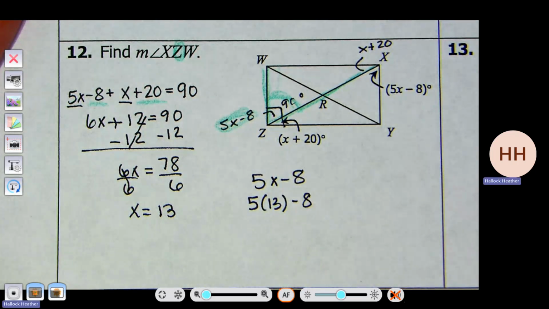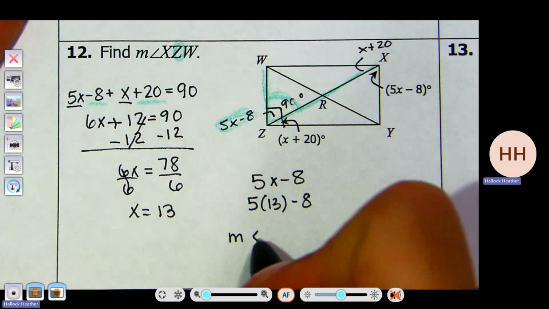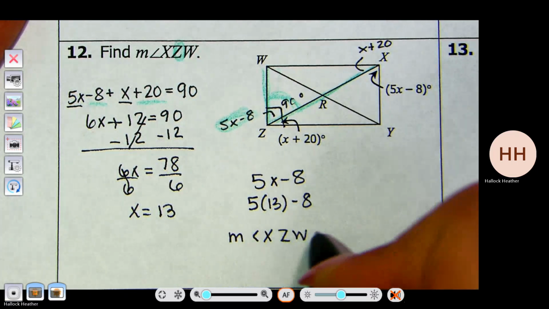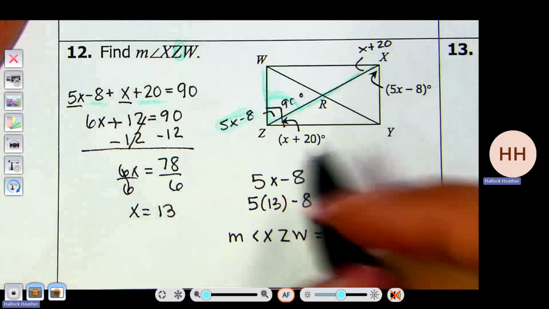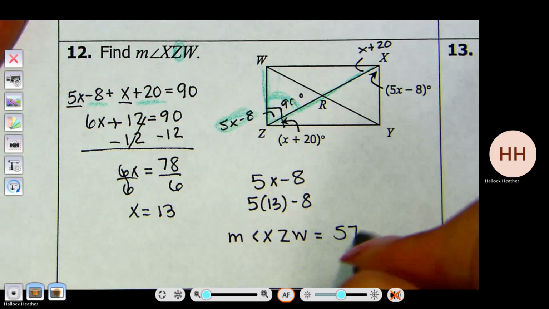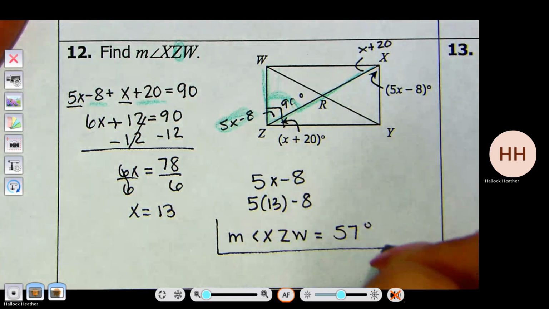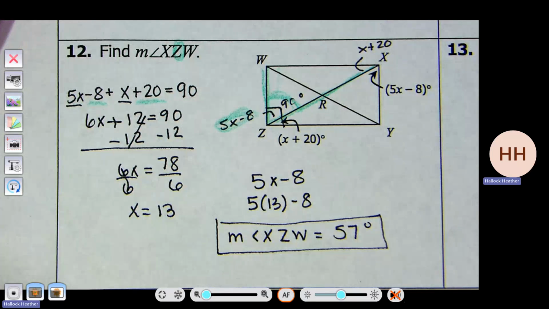So 5 times 13 minus 8 gives me what? What is it? 57. Yeah, that's right. So your answer is 57.